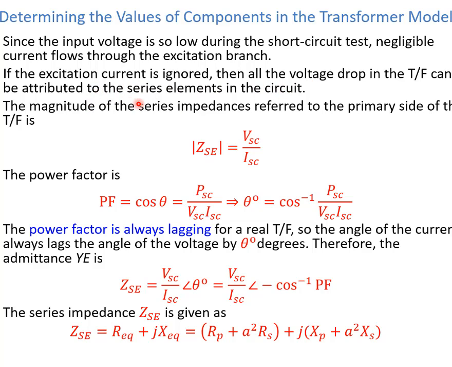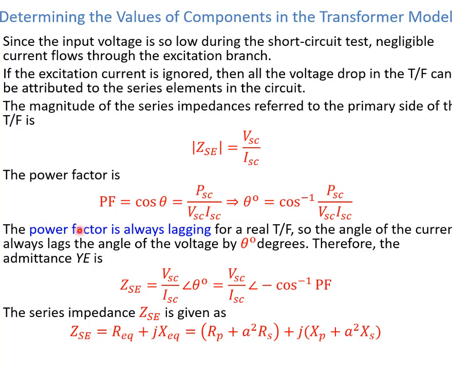So the magnitude of the series impedance referred to the primary side of the transformer is ZSC equal to VSC over ISC. Similarly, the power factor can be found: cos theta is equal to PSC over VSC ISC, and theta is equal to cos inverse of PSC over VSC ISC.